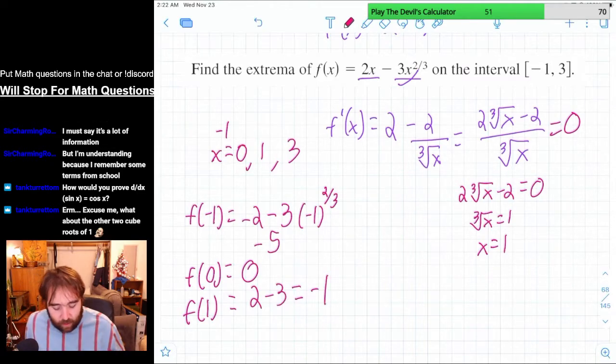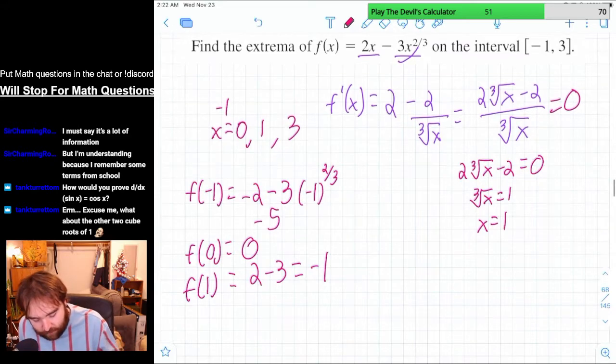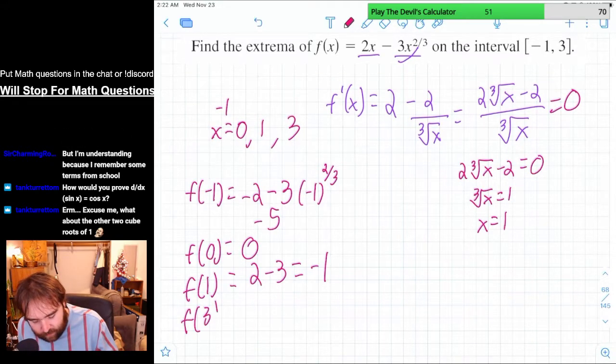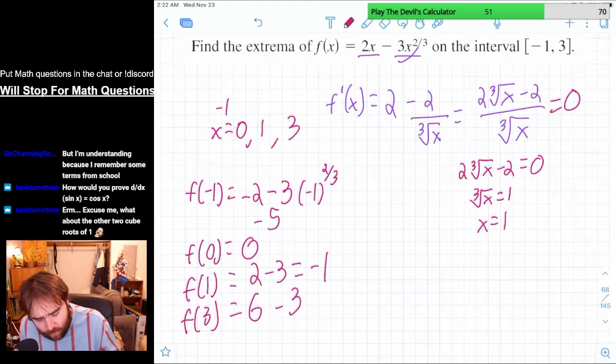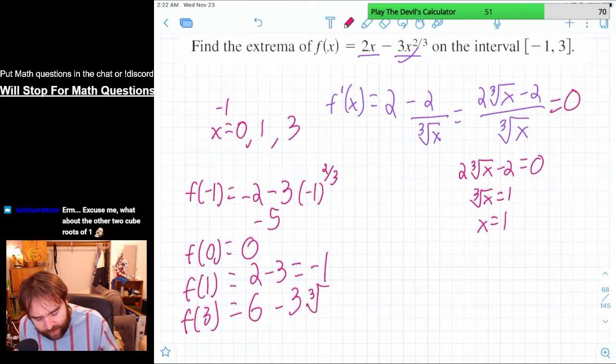So that's a negative 1. And then f of 3, oh, that's going to be dirty, is going to be 6 minus 3 times 3 to the 2/3, which means 3 squared, the cube root of. So the cube root of 9.